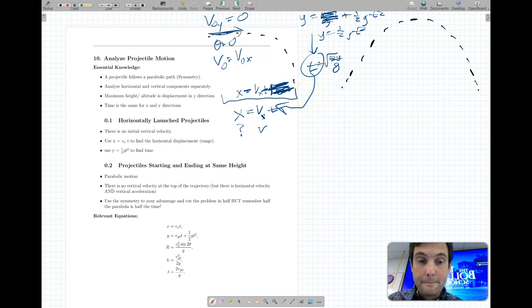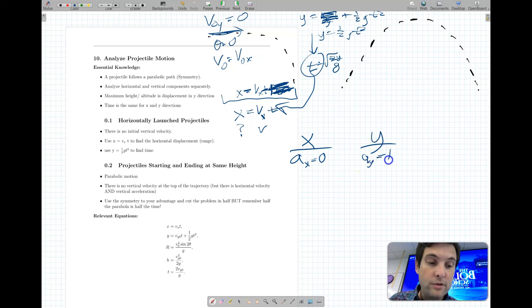Hopefully we're good. The big thing is when we're listing out the information given to us in the problem, keep your x and y stuff separately, so that you remember to treat them separately. If we have no acceleration in the x, then 0. If our acceleration in the y equals 10, great.